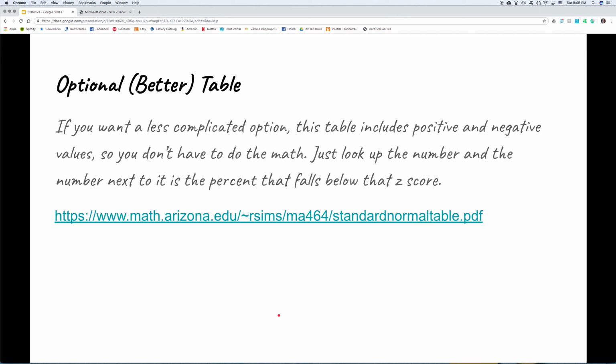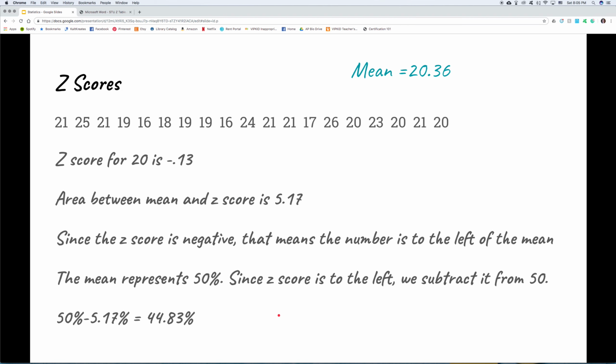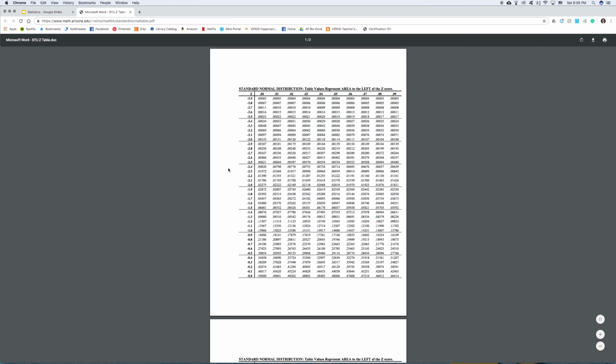Now, this is a better table, in my personal opinion. It's a little bit less complicated because it has positives and negatives. So you don't have to remember all of this for the math and the scores. You just look at the table and find the number. So if we're looking at this table here, we want to know what percent.